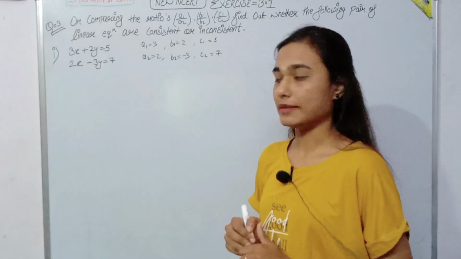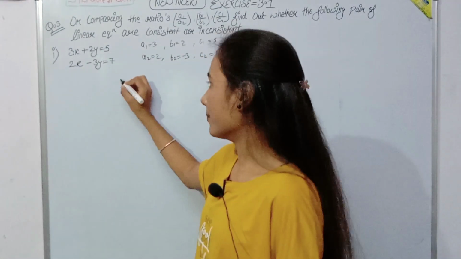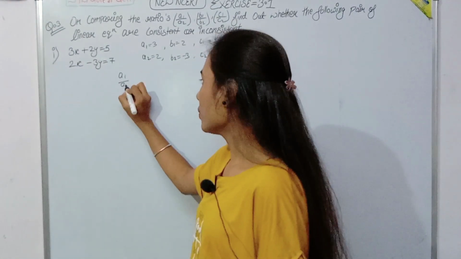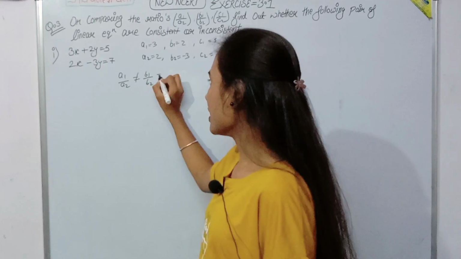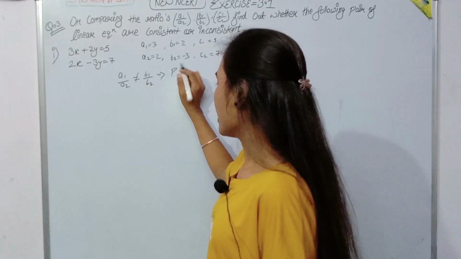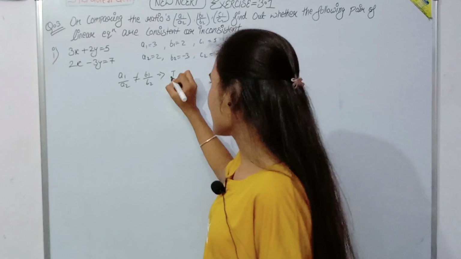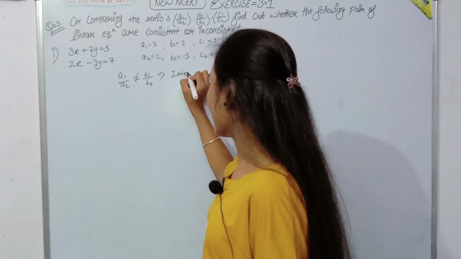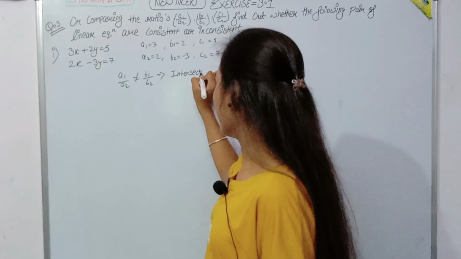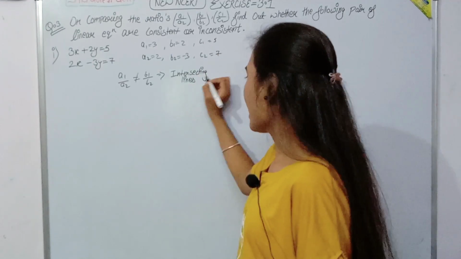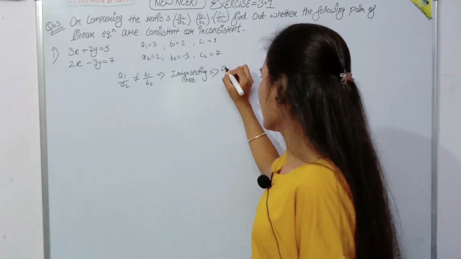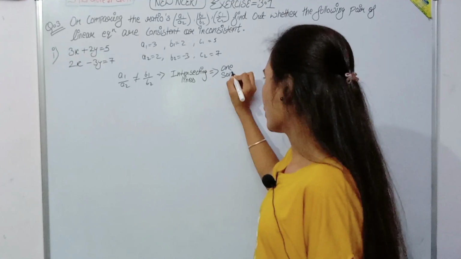Okay. Then, the first condition: a1 upon a2 is not equal to b1 upon b2, in which intersecting lines are formed and have one solution only.